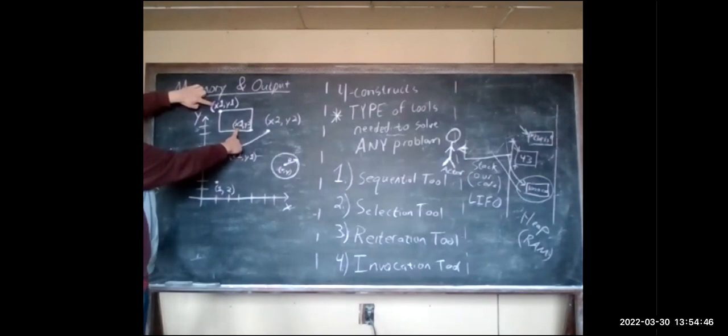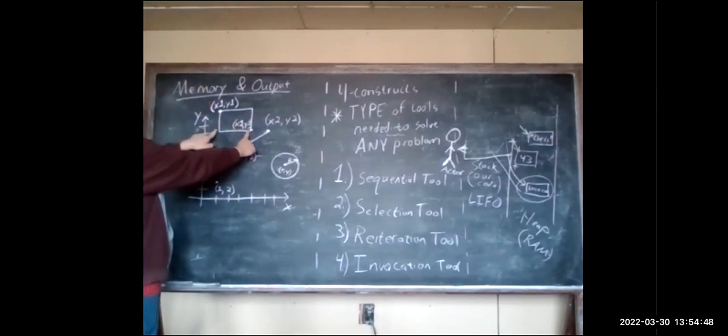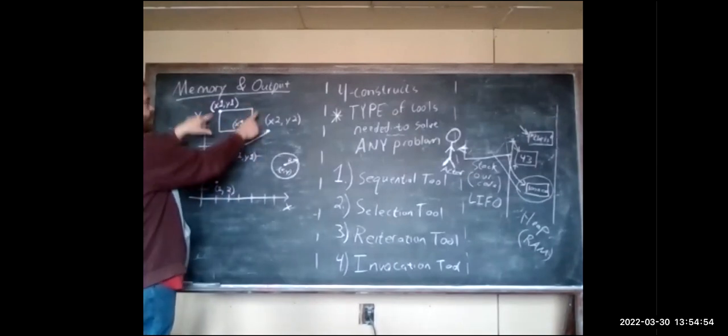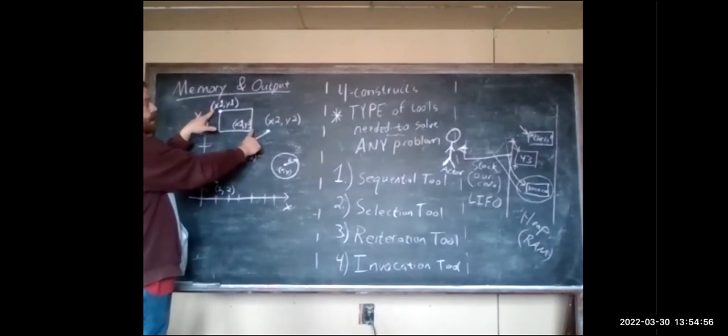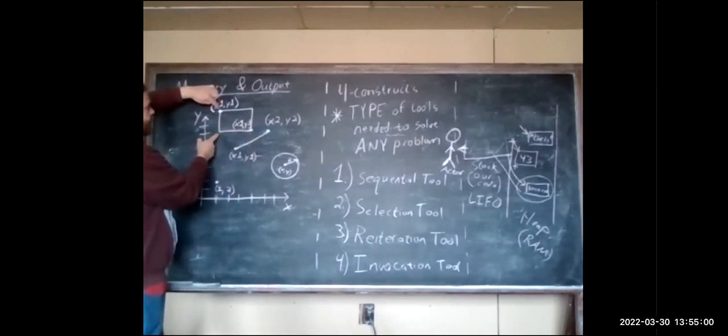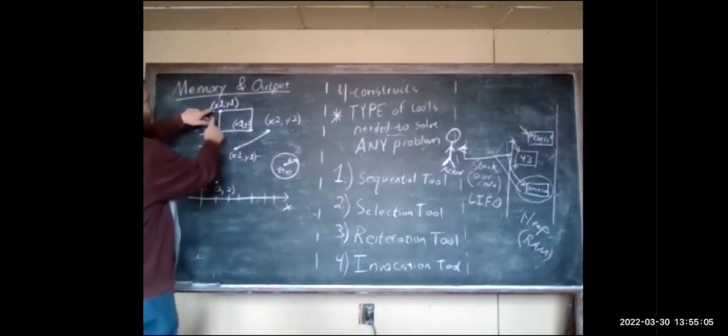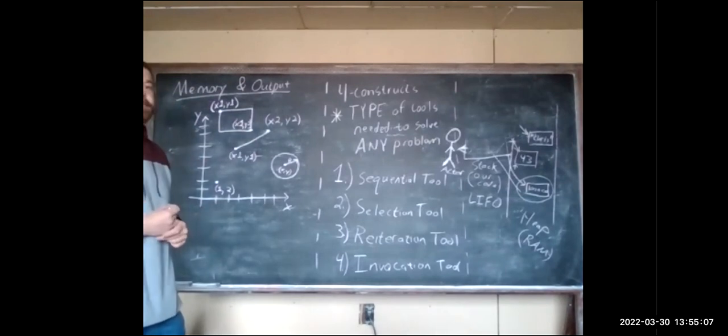Then the difference between those 2 X points tells us how wide our rectangle is. Doesn't matter if they're top or bottom coordinate, as long as they're opposite corners. The difference between those X's tell us how wide it is, and the difference between those Y's tell us how tall it is. So we need 4 numbers or 2 points to define a rectangle.